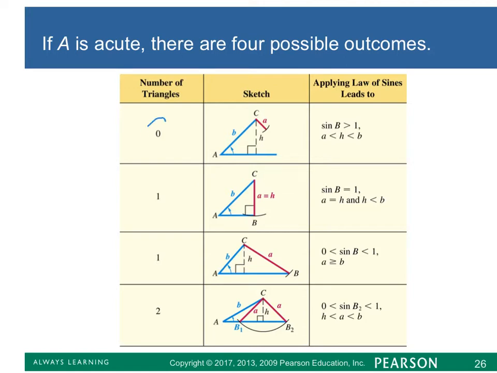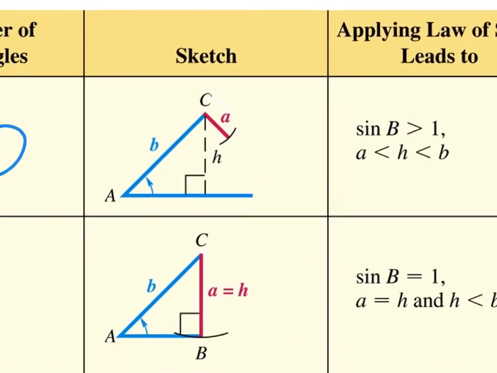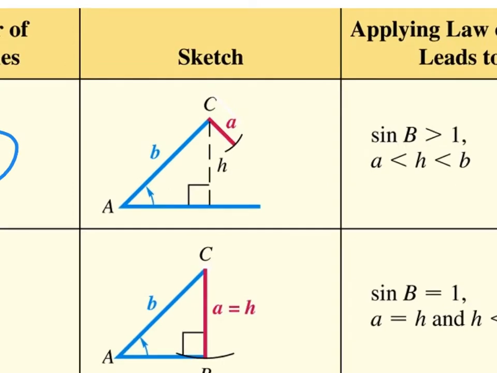Can you see how this picture would show zero triangles existing? If side B was... it looks to me like side B would have to be the biggest side. Biggest side is bigger than A or bigger than C. This is side C, and side A is smaller than both of those.